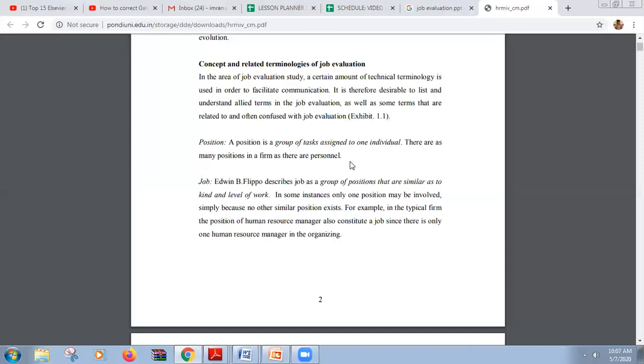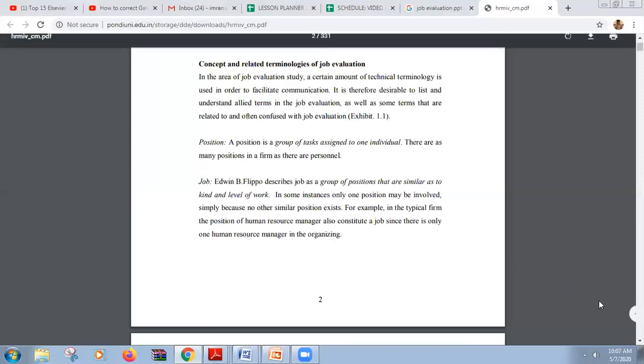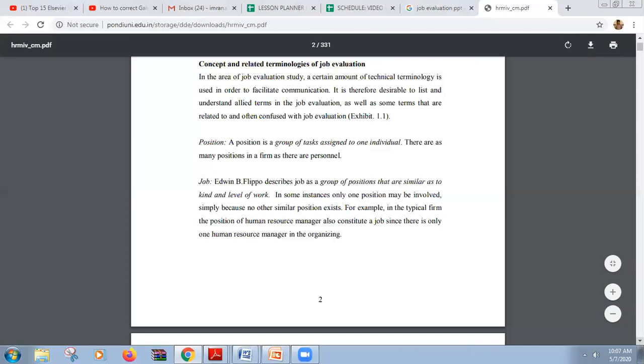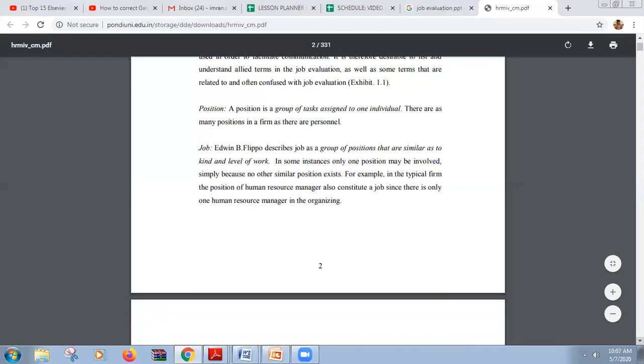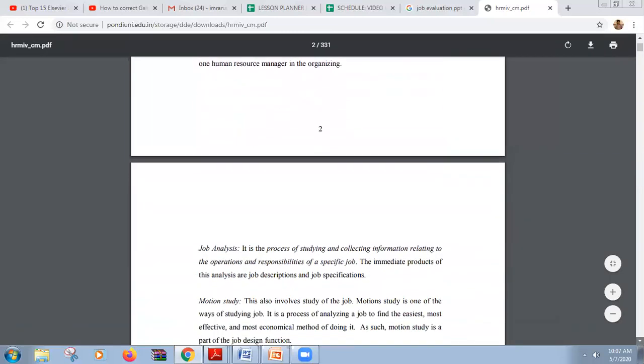Job is a group of positions that are similar as to kind and level of work. Job is the number of works or processes to be performed by one person, and every process or work is evaluated first and then analyzed and assigned to a person.